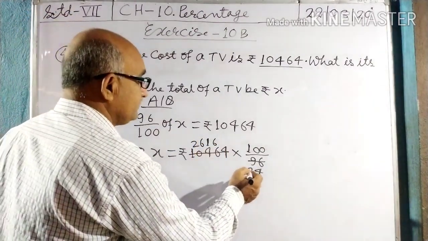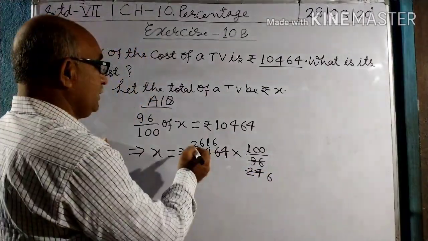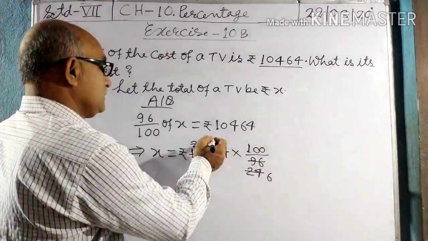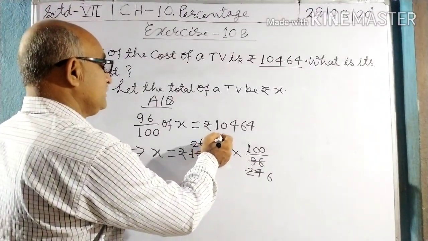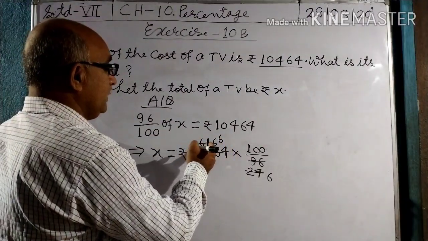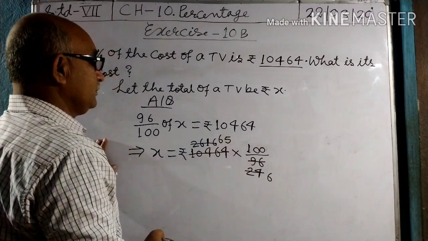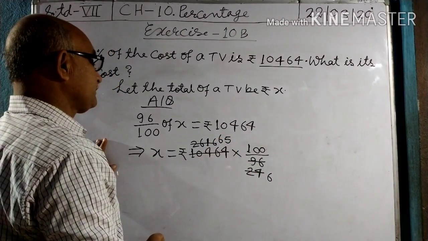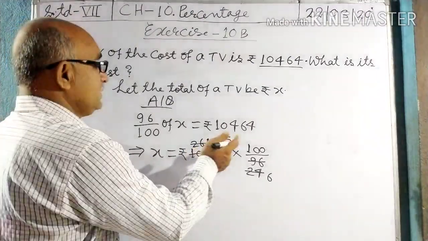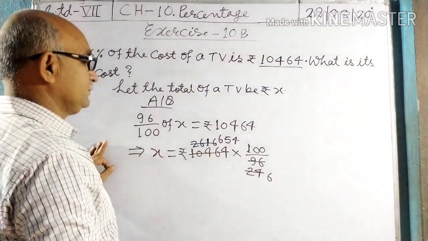Now 4 times 6 is 24. 4 times 6 is 24. 4 times 5 is 20 and 1, 4 times 6 is 24.